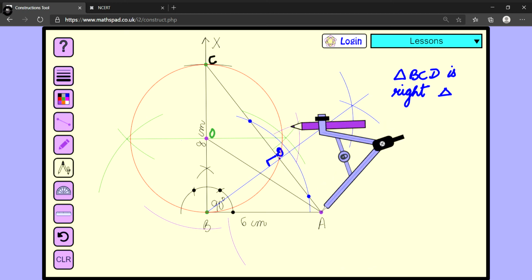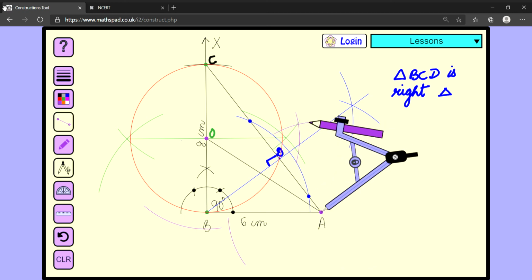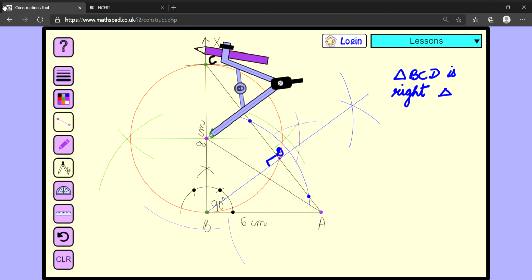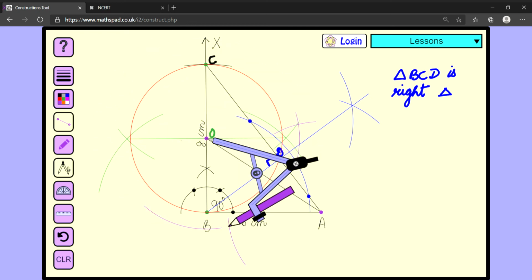So on this side it's completely fine. Let's fix it on the other side as well. I did not get the points of intersection. Okay. This here is the midpoint of AO.